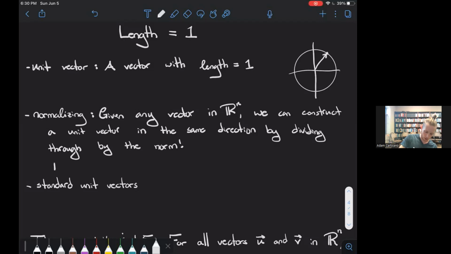So let's do an example real quick. Okay, let's take the vector 1, 2. That'll be fun. Let's call it v equals 1, 2.